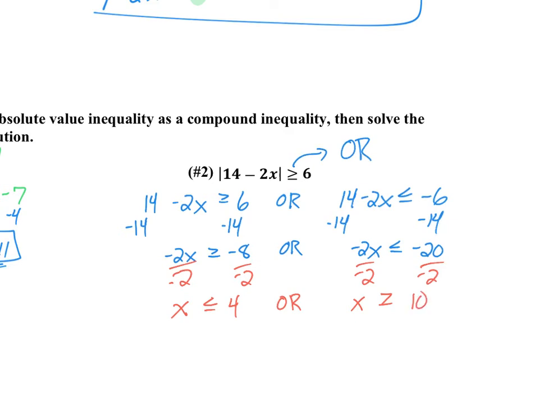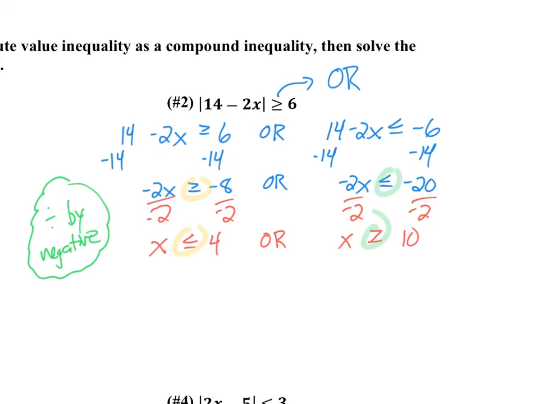And I'm going to highlight that. Notice we flip the symbol because we divide by a negative. So divide by a negative means you flip the symbol. So our answer is x is less than or equal to 4, or x is greater than or equal to 10.